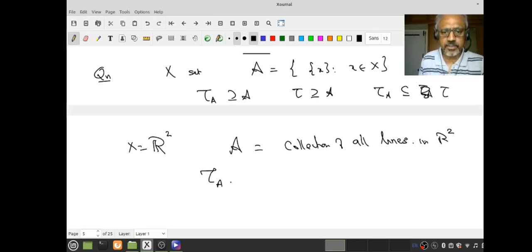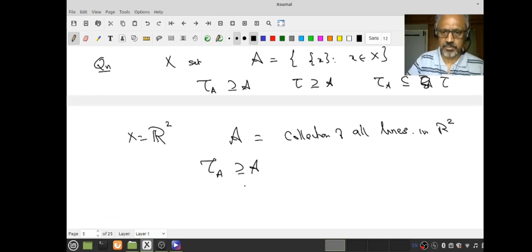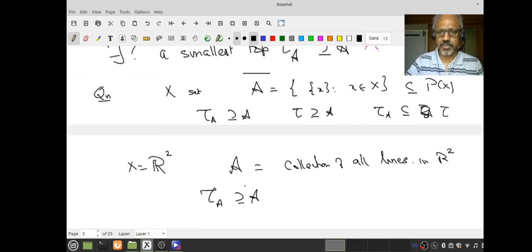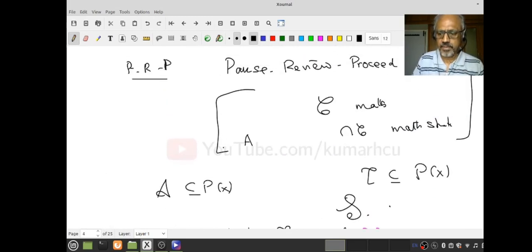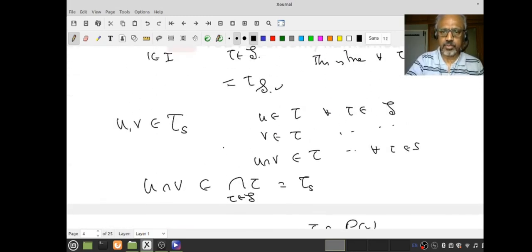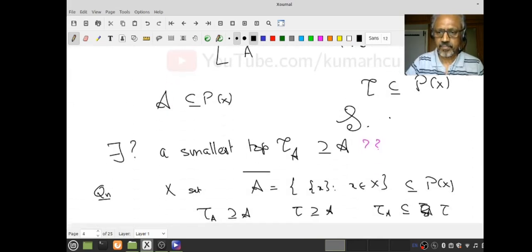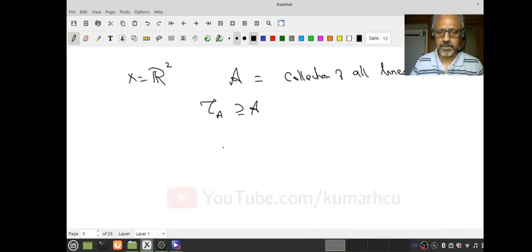I want a topology tau_A which contains this, and it is the smallest. Are you following? I just gave some small examples so that you will understand the problem, because many people may be intimidated by so much notation, scripts, etc. Have you understood this?